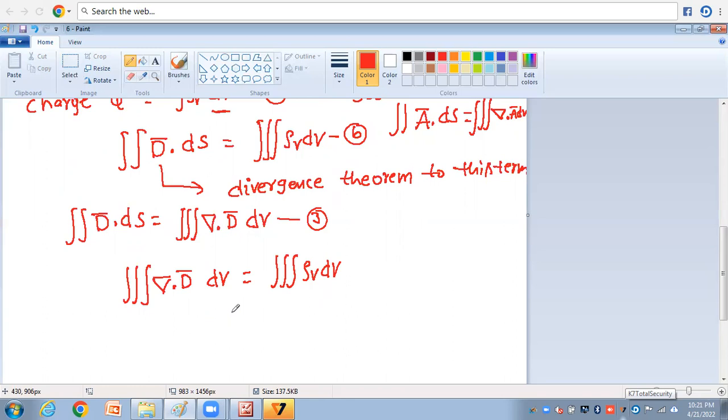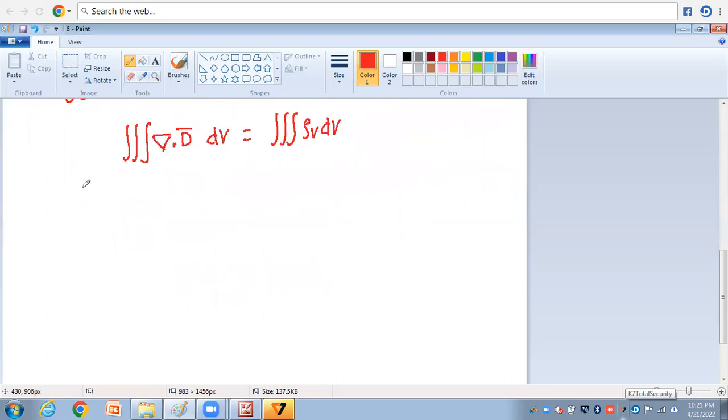Bringing this term to the LHS, the triple integral of del dot D bar minus rho v with respect to dv is now 0.